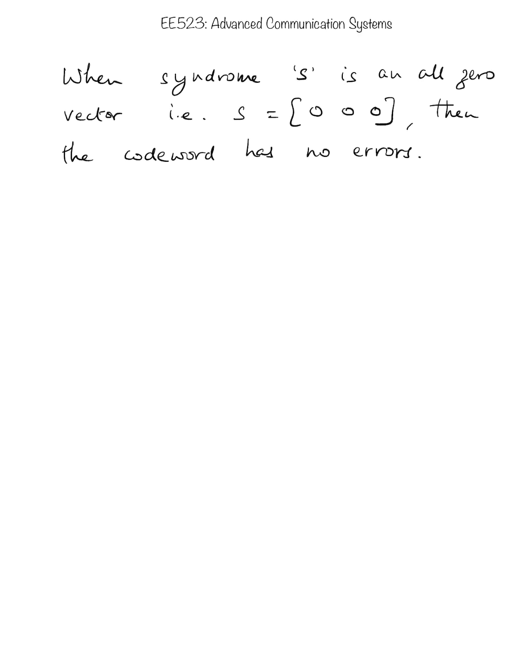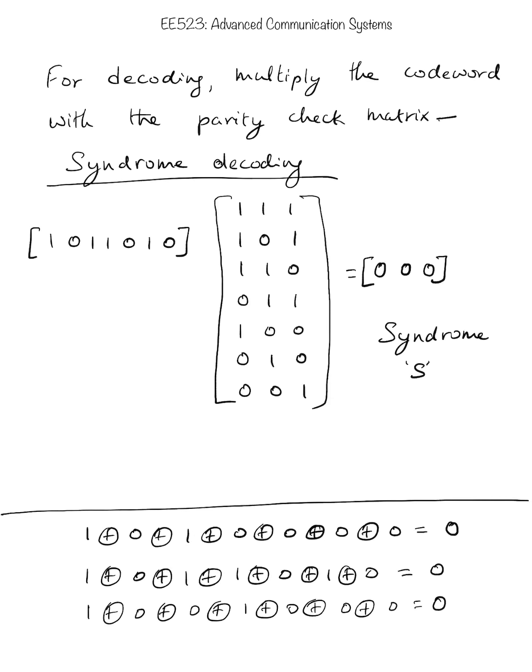Okay, so that indicates that the code word has no errors, and obviously in our case we took the original code word as it is and we simply multiplied the original code word with the parity check matrix.